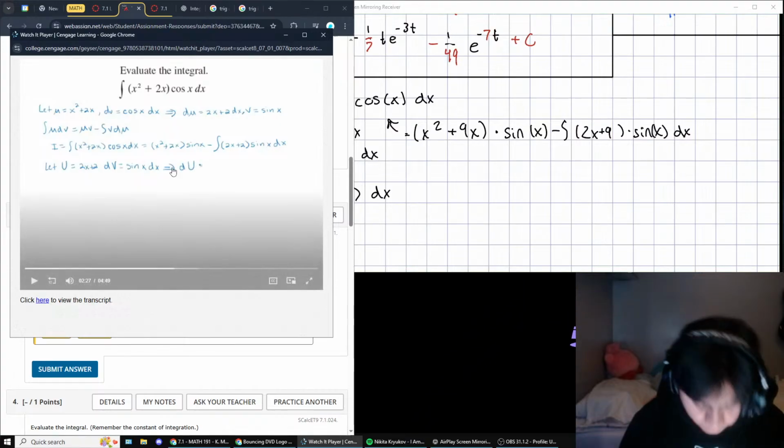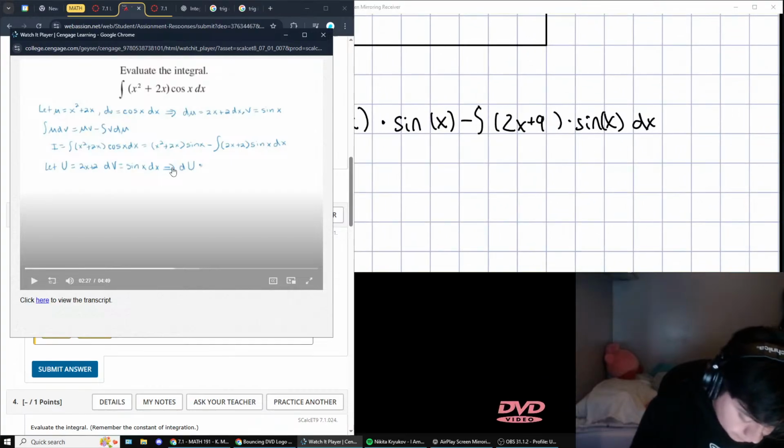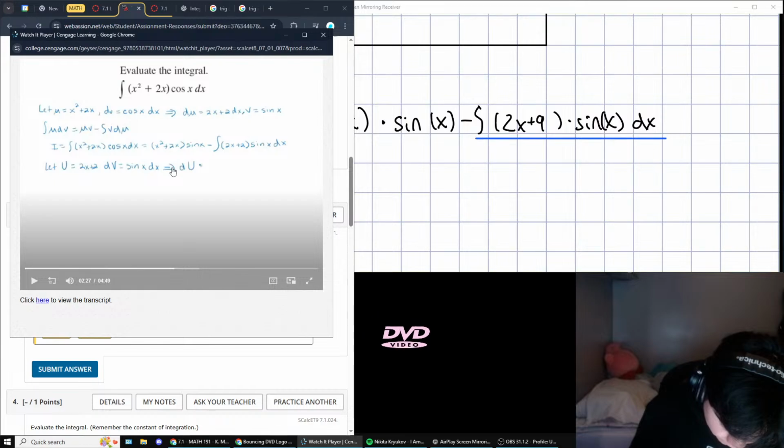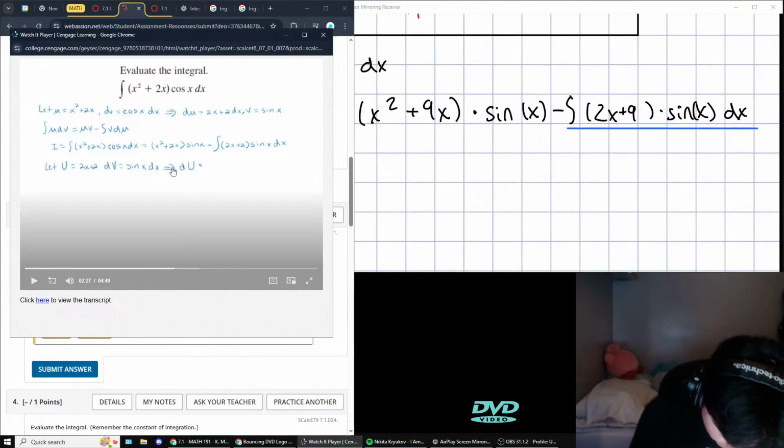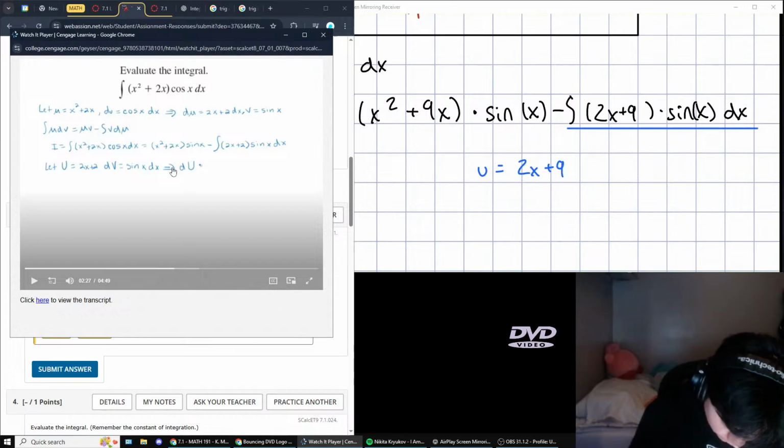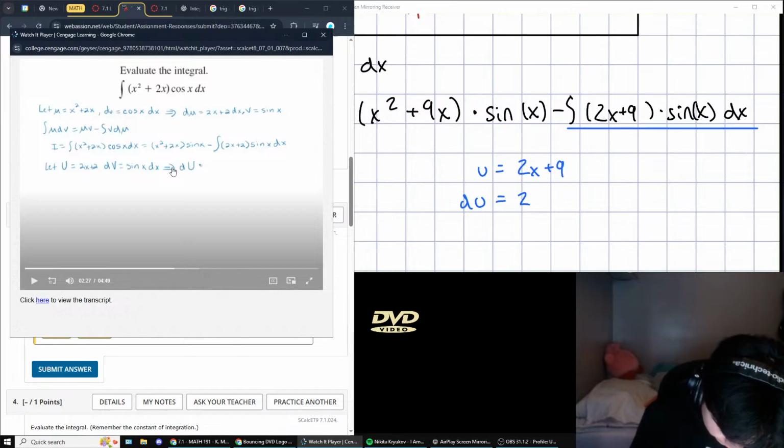Oh, we do it again. Okay. Sure. Why not? We let u equal 2x plus 9. du is equal to 2.